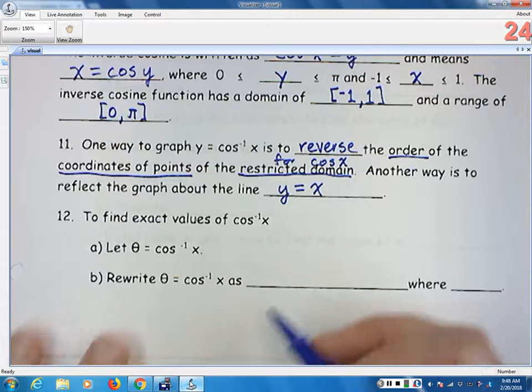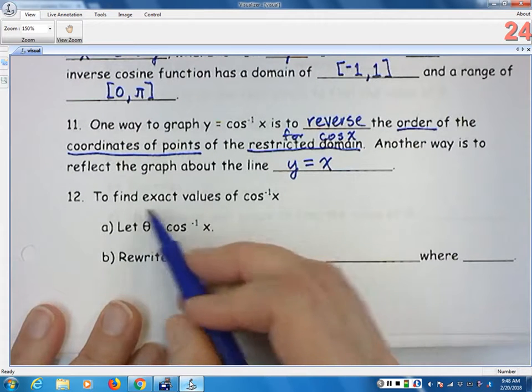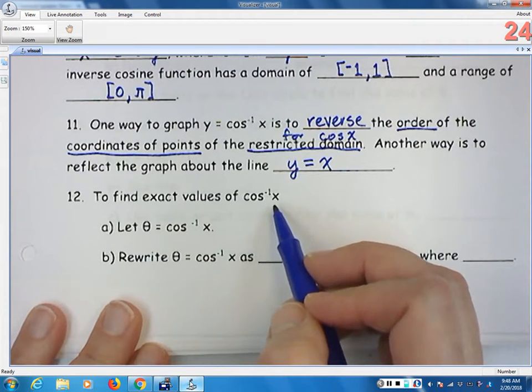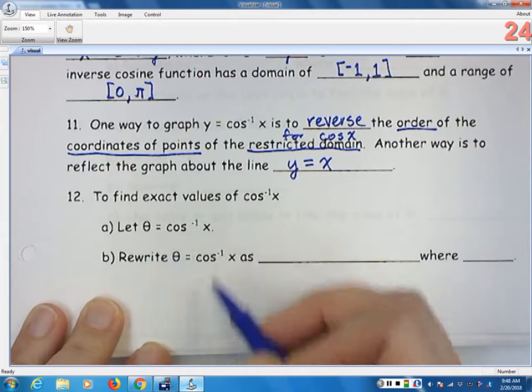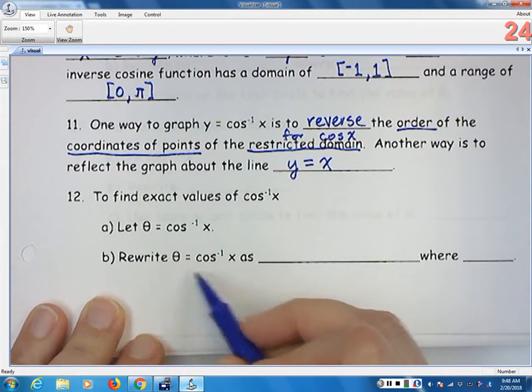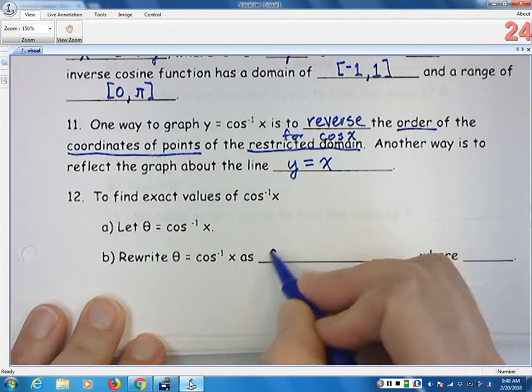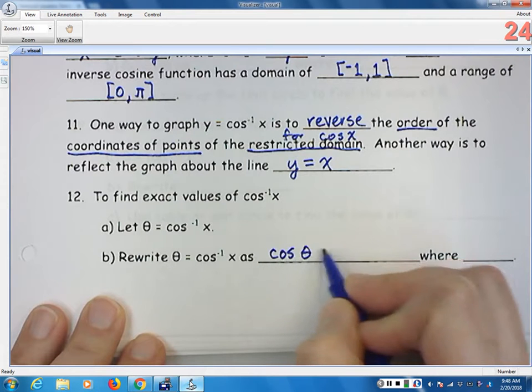To find exact values of inverse cosine of x, we let theta equal inverse cosine of x. Rewrite that as cosine theta equals x.